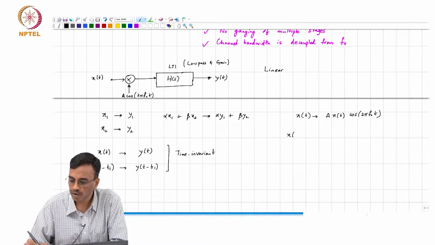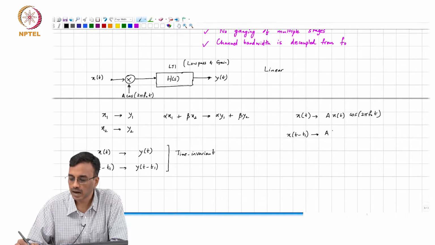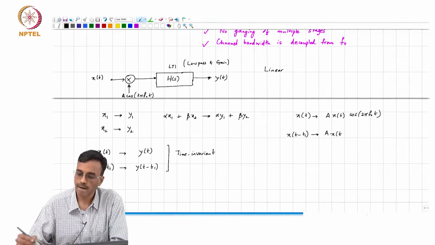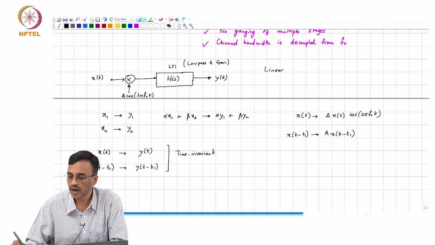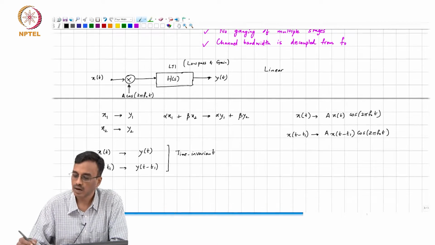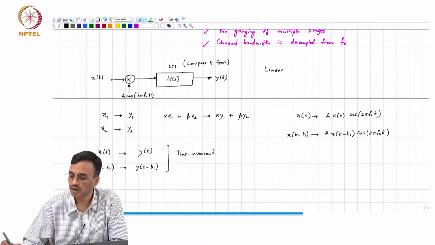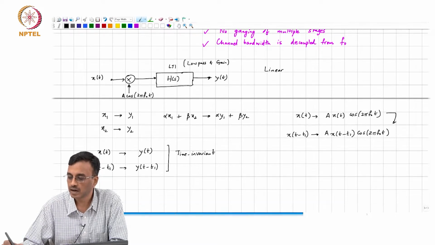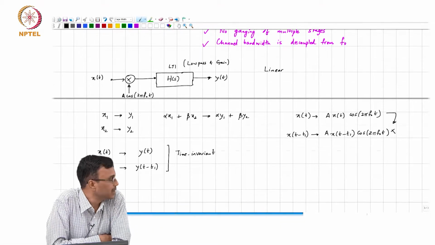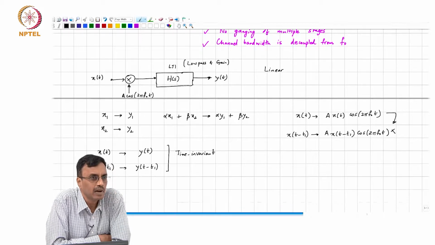If you put in x of t minus t1, then you get A times x of t minus t1 times cos 2 pi f naught t. And clearly, if you delay this by t1, you do not get that. So, multiplication is a linear but time varying operation.